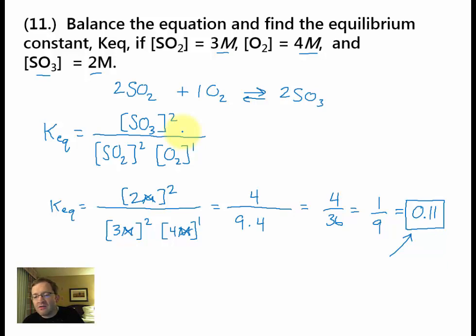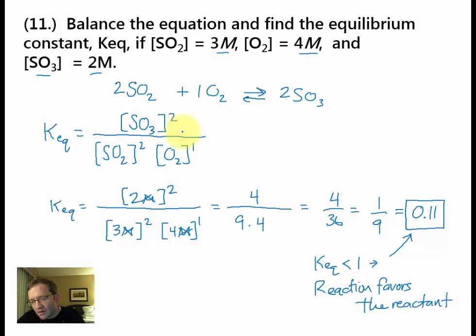And so my KEQ value here, less than 1, means that in this equation, the reaction favors the reactants and is leaning toward the left.